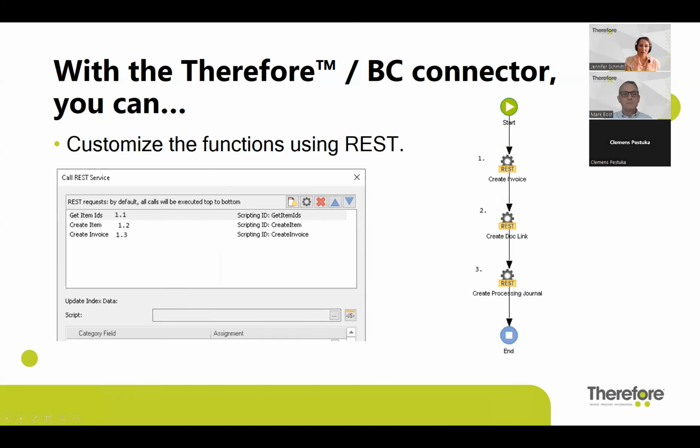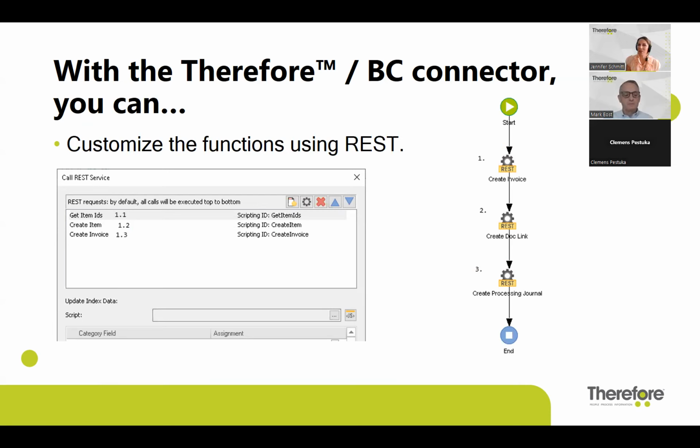Now, the really powerful thing about the Business Central connector is that we also have the power of REST. REST, of course, is a very popular, very common communication protocol that's used in many apps and software today, and it allows this connection to be further enhanced.